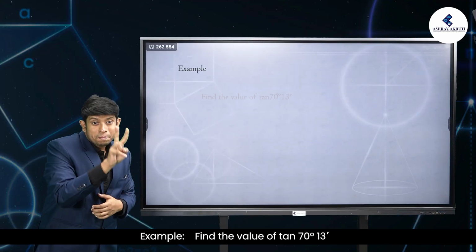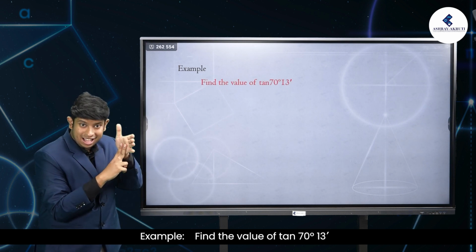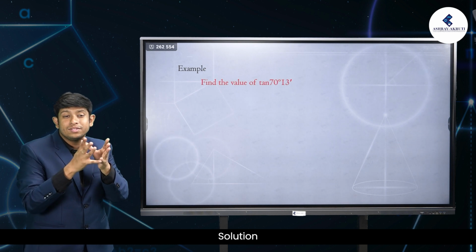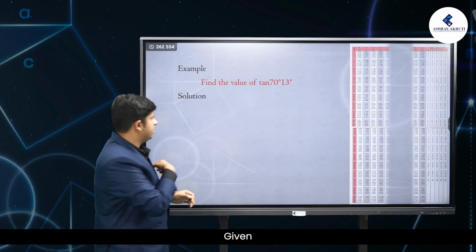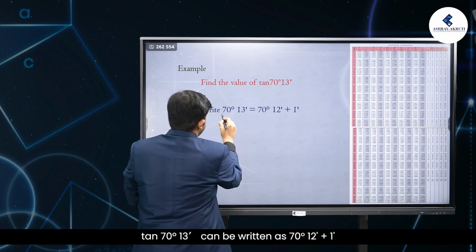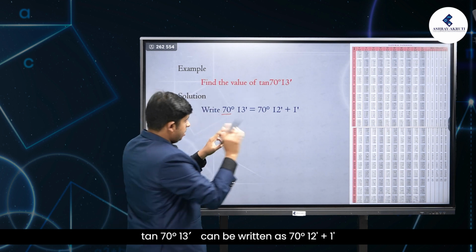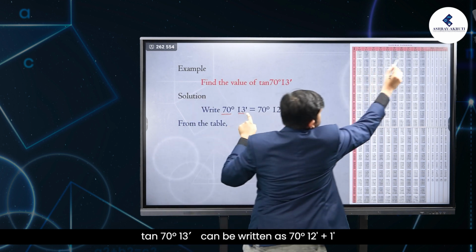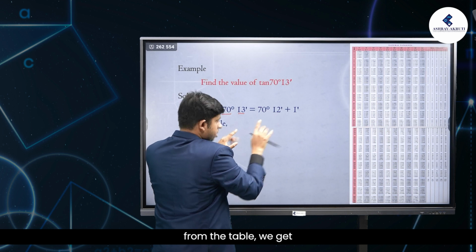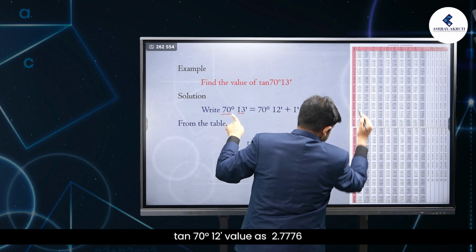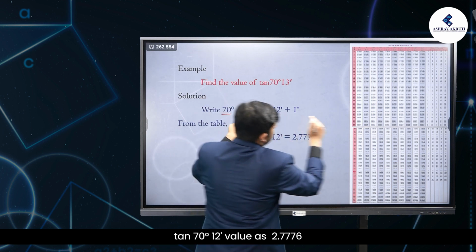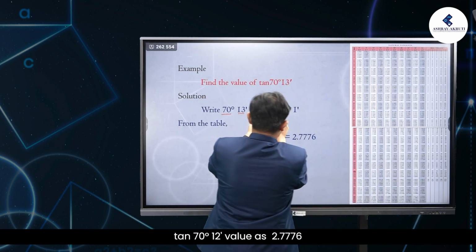Example. Find the value of tan 70 degrees 13 minutes. Solution. Given tan 70 degrees 13 minutes can be written as 70 degrees 12 minutes plus 1 minute. From the table, we get tan 70 degrees 12 minutes value as 2.7776.